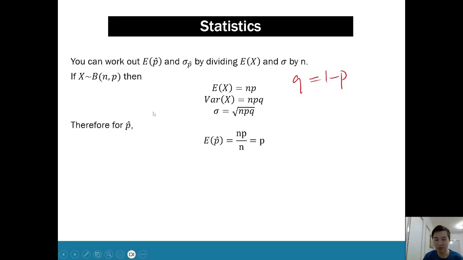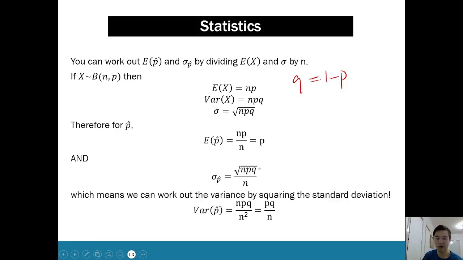So for the sample proportion, you can just divide the expected value by n to get p, and your standard deviation by n as well to get that result. Which means we can work out the variance by squaring the standard deviation, which will give you pq over n.